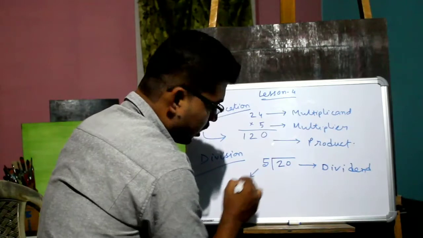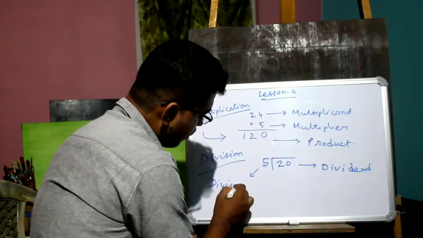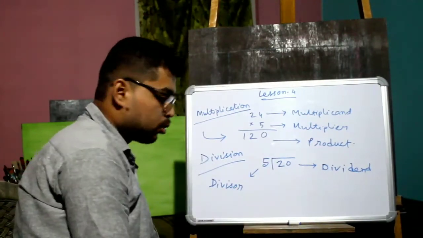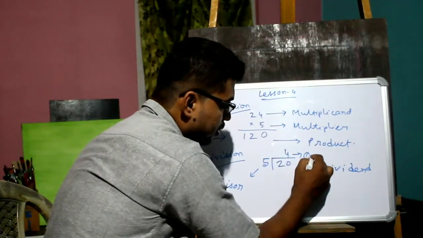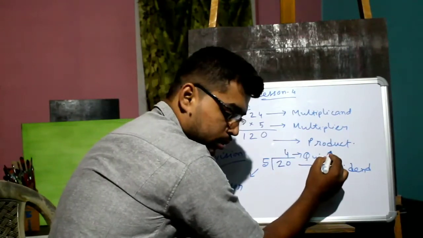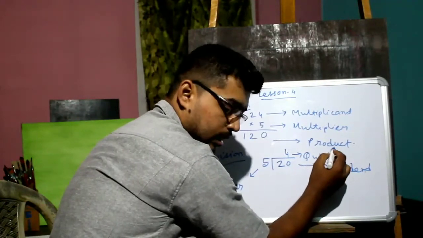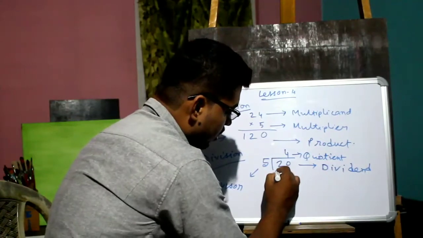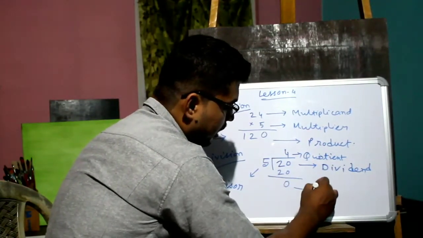This is called the divisor. So the answer is 4, because 5 into 4 is equal to 20. So 4 is here. This is called the quotient, Q-U-O-T-I-E-N-T. So 20, 0 is coming. So 0 is called the remainder.